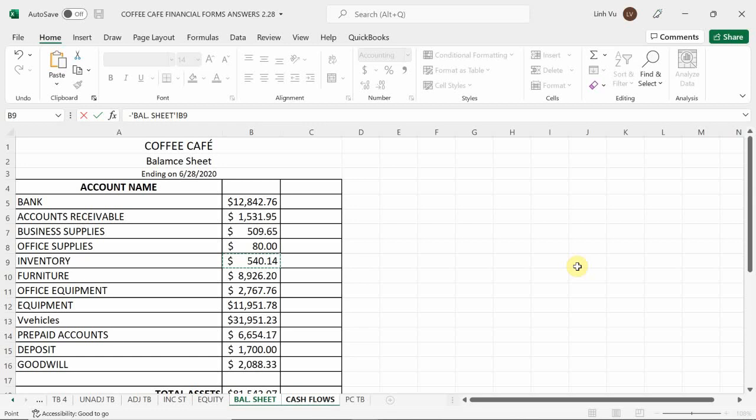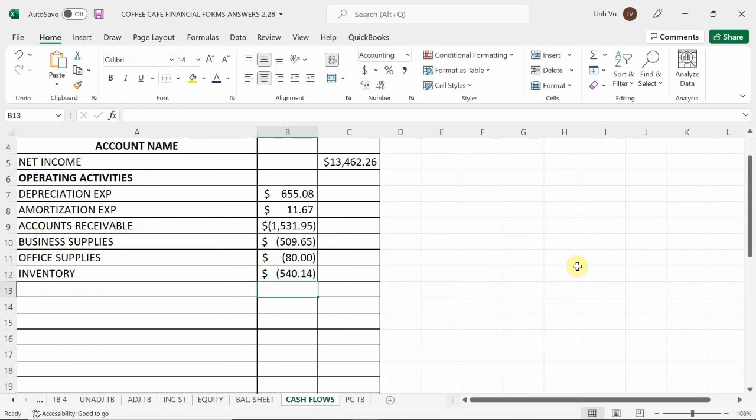So that tells me that I haven't generated the money from these inventory items yet. Therefore, I need to subtract it out from my income, because I had to buy the inventory first and I haven't sold it yet, okay?